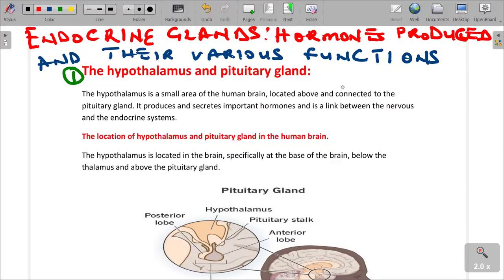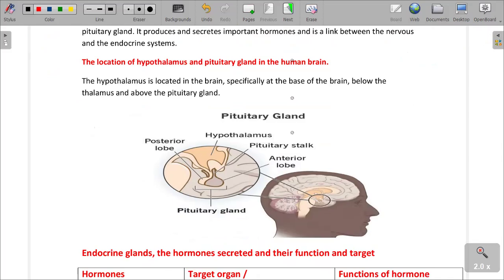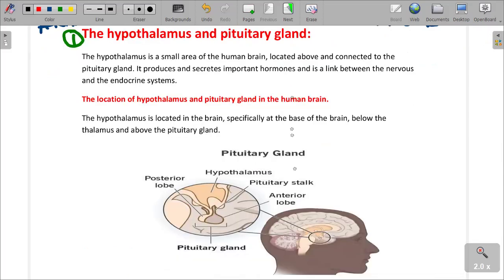Now we want to identify the location of the hypothalamus in the human brain. I have attached a nice picture here.